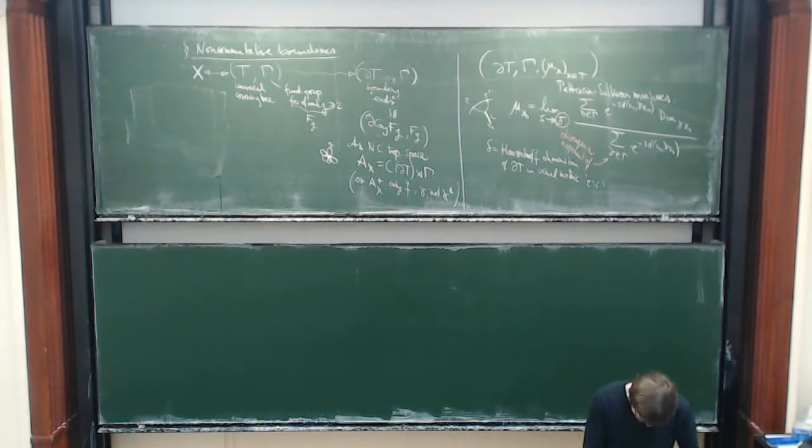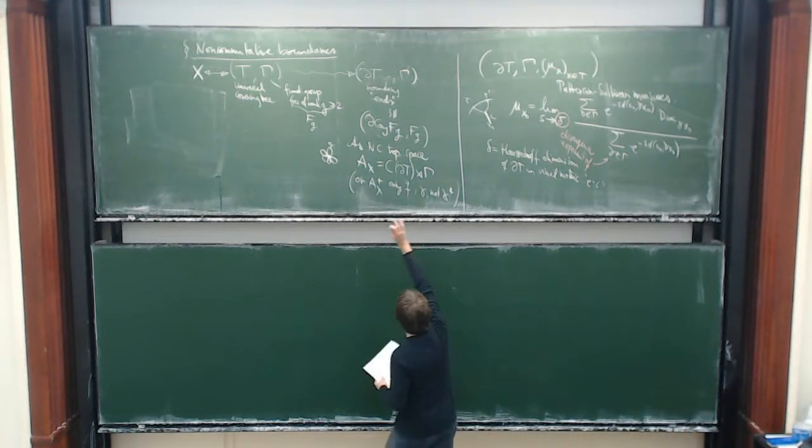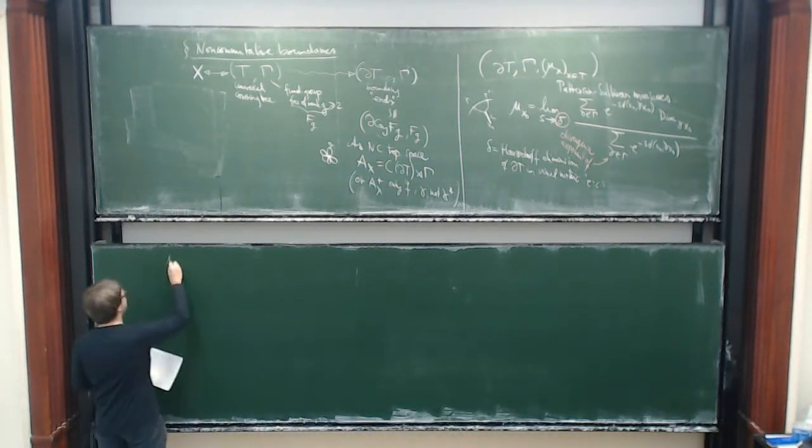So let me not do this. Let me actually write this down. If you are here in this algebra and you switch to this side and you want to interpret it on this side, you get this.